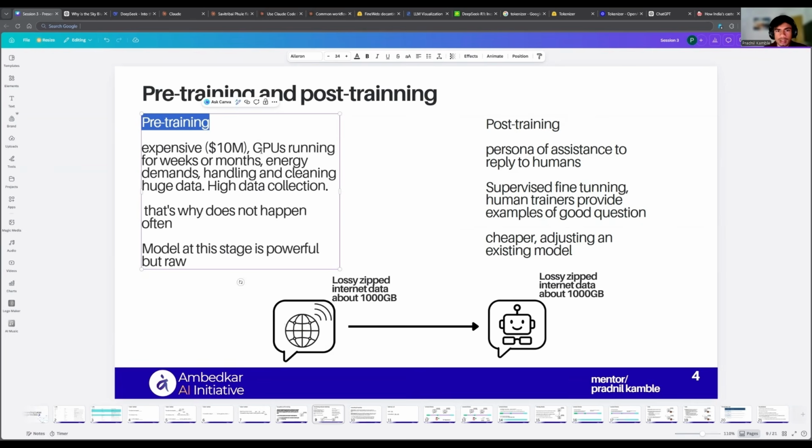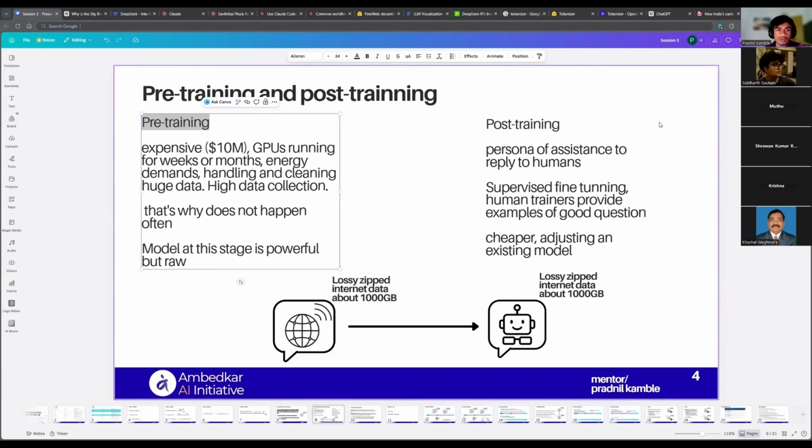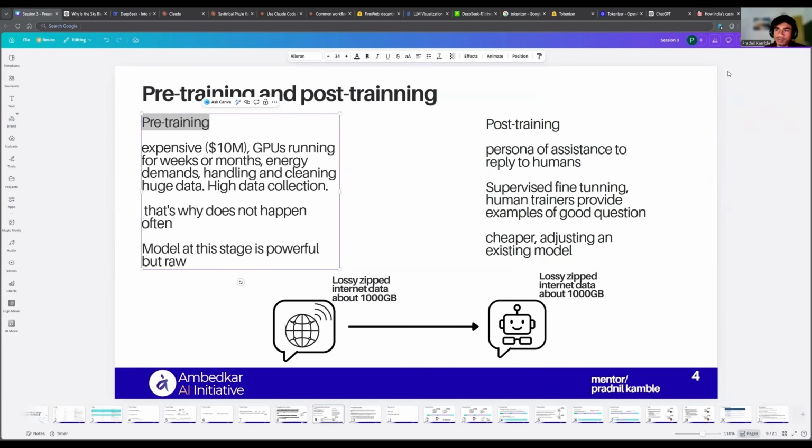Similarly, in this case, you have to train this model on huge machine learning data, so that it could really guess nicely what comes next as the next word. That's why pre-training is pretty costly, because we are using huge data.